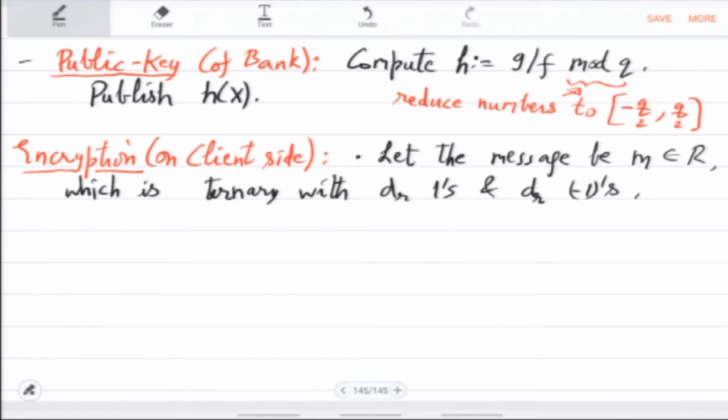Okay, so that's the message that the client wants to send to the bank in a secure way. So what the client will do is she will also pick a random element r in the ring R, which is ternary with dr 1s and dr minus 1s.